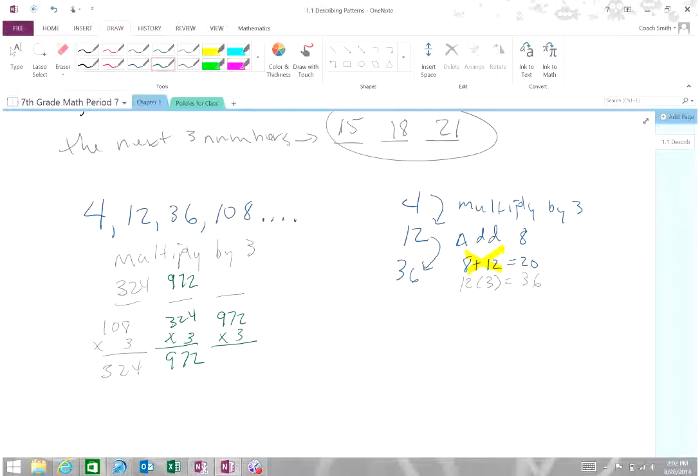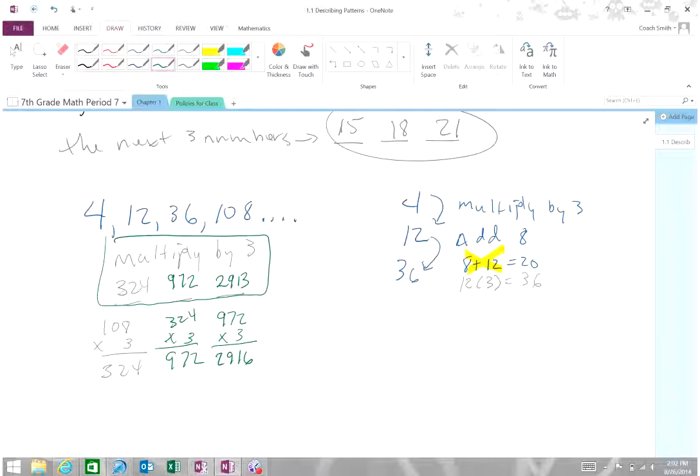All right. Quade, what did you get? 2,916. So that's my next number. So these together are your answers. Okay? The multiply by 3 and then the 3 numbers.